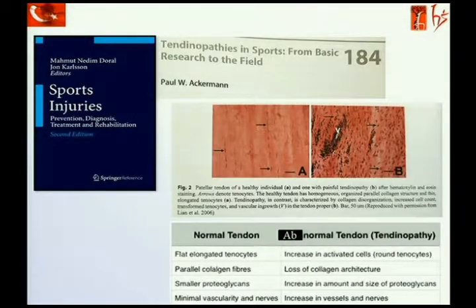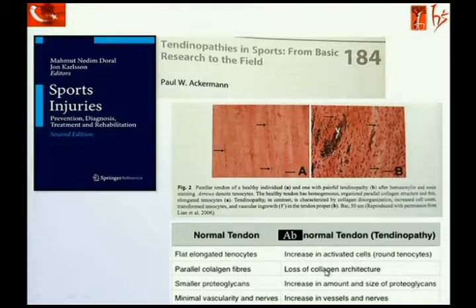The chapter of Dr. Ackerman is really fantastic in my book. Thanks to him. In the normal tendon, the flat, elongated tenocytes are regular. In abnormal tendons, an increase in activated cells is very attractive. In normal tendon, there are parallel collagen fibers, as I showed you before.